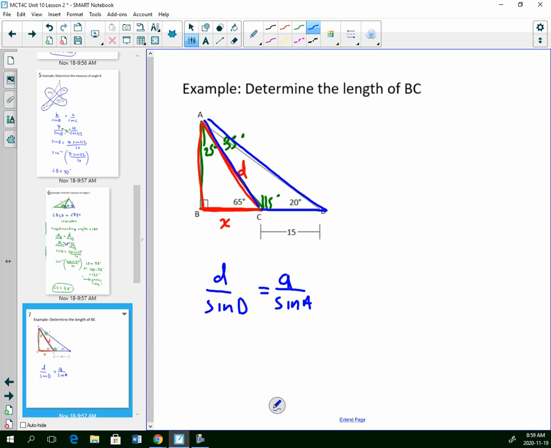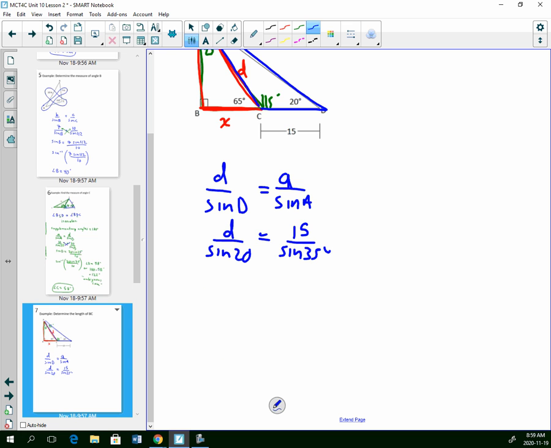Okay, so D is the side I'm trying to find. Angle D is 20. A I know is 15, and angle A is 35. So we'll find D by cross multiplying and then dividing. And then that will give us enough information in the red triangle to determine side BC.